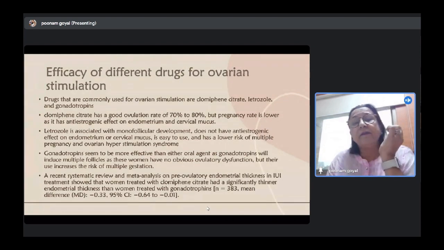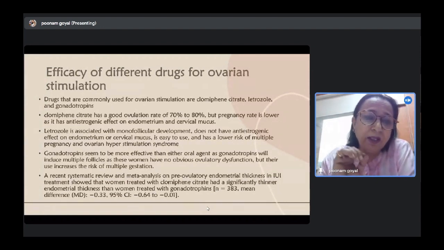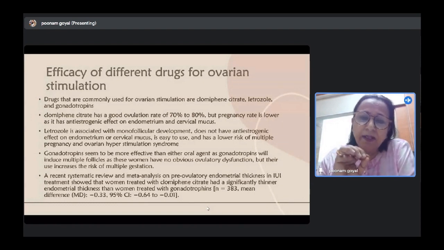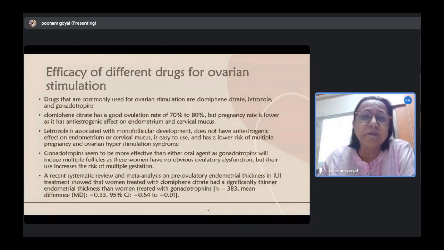But there are increased chances of multiple gestation if you are using them injudiciously, because if you are giving a guarded dose of gonadotropins, then there should not be this risk of multiple gestation. A recent systematic review and meta-analysis on pre-ovulatory endometrial thickness in IUI treatment showed that women treated with clomiphene citrate had a significantly thinner endometrium than when they were given gonadotropins.